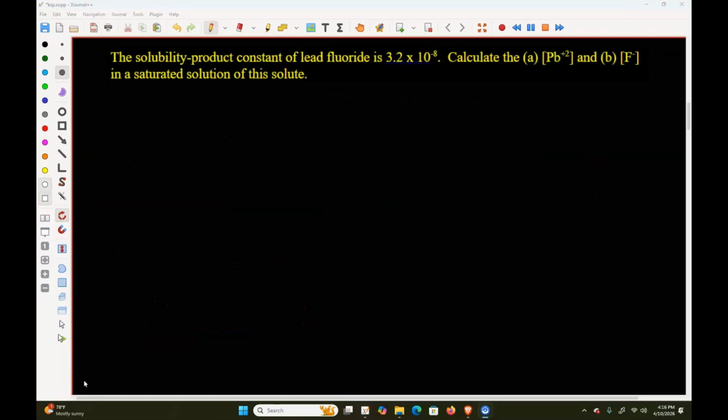Okay, in problem number 2, the solubility product constant for lead fluoride, that'd be lead 2 fluoride, by the way, is 3.2 times 10 to the negative 8. Calculate the lead 2 ion concentration and the fluoride concentration in a saturated solution of this solute. So I know that we're working with PbF2.